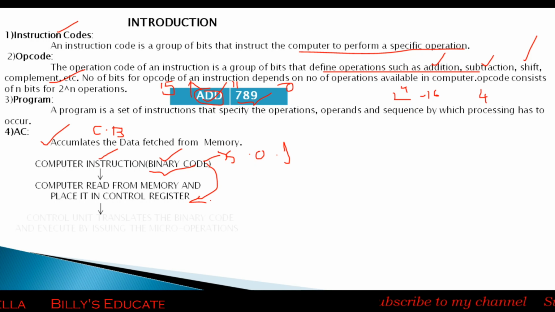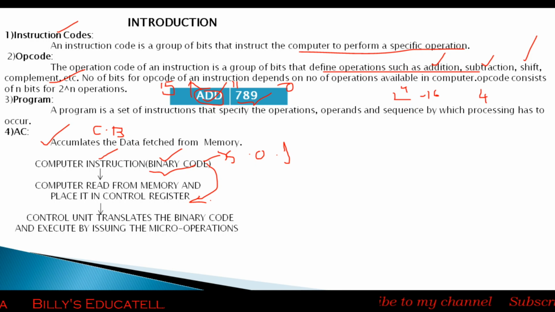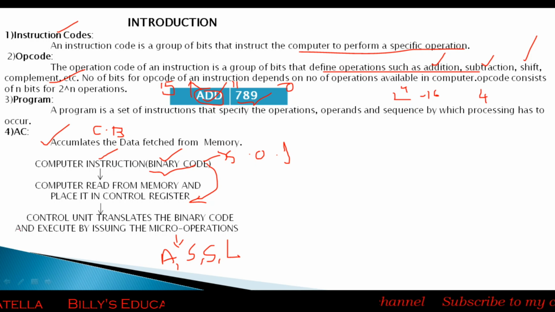Coming to the third step, the control unit translates. The control unit translates the binary code and executes it by issuing micro operations. The micro operations are the addition micro operation, subtraction micro operation, shift micro operation, and logical micro operation.